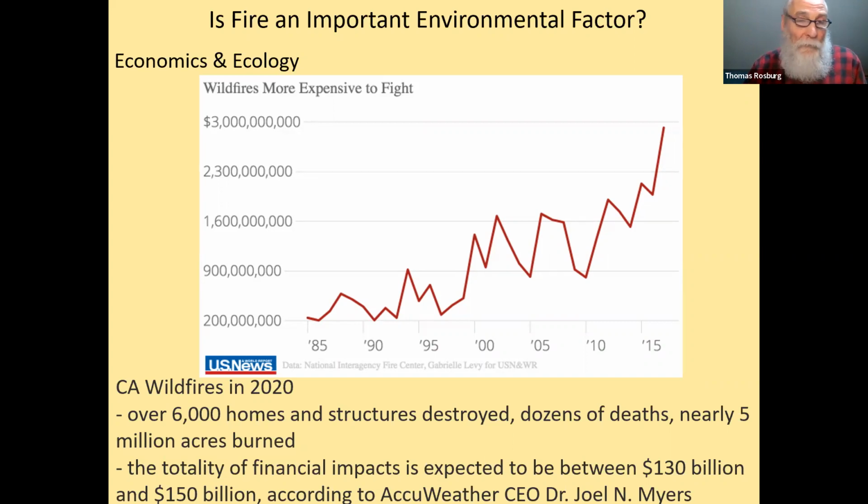That again is huge. So the point here is that fire, whether it's wildfires, what we're talking about here, but prescribed fire has the potential to become wildfire, of course, if things go wrong. Wildfire is a very important aspect of our landscapes and where we live.